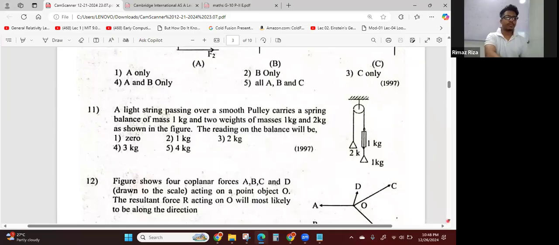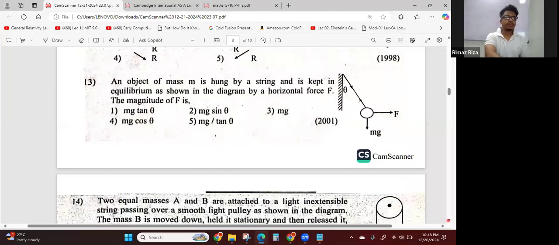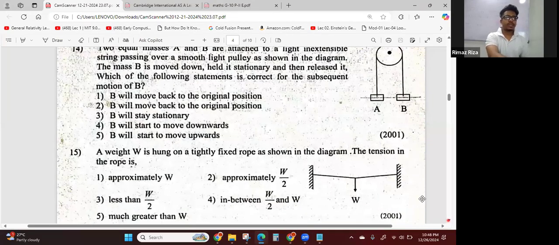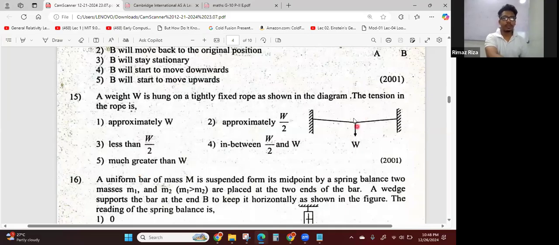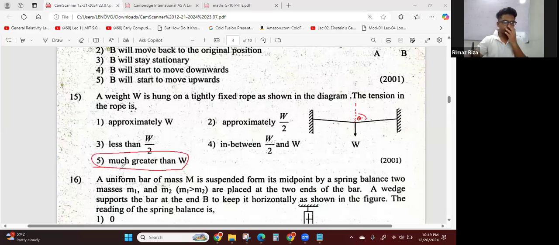So here the answer will be the fifth one: the tension in the rope is much greater than W. Because this angle is closer to 90 degrees, therefore much greater than W.